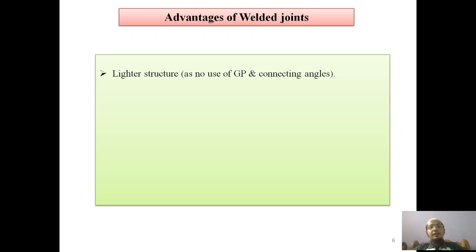Yes, in case of welded joints, gusset plates and connecting angles as well as bolts and rivets are not used. So their weight will be reduced and the structure will become lighter as compared to bolted joints. Again, it is a much easier process than making holes for fasteners, bolting, etc.